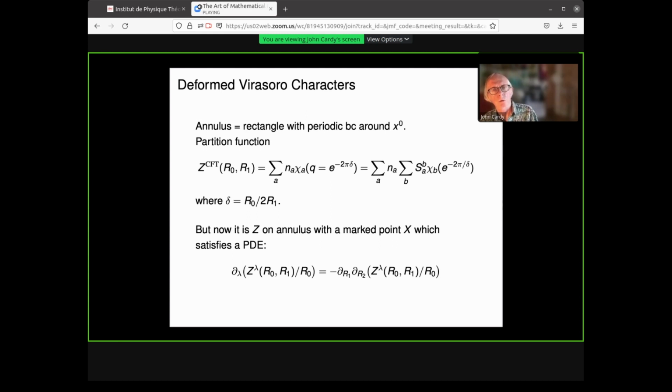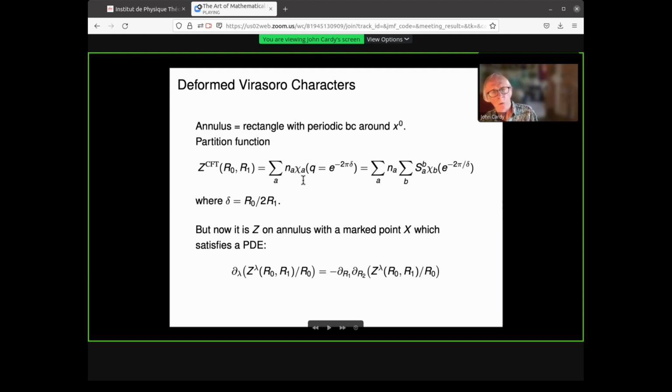So you can also talk about deformed characters, which actually transform in a different way, because the trace has integer coefficients here in the characters and the multiplicities. You do not want that to change under the deformation. So there is a way of defining that.